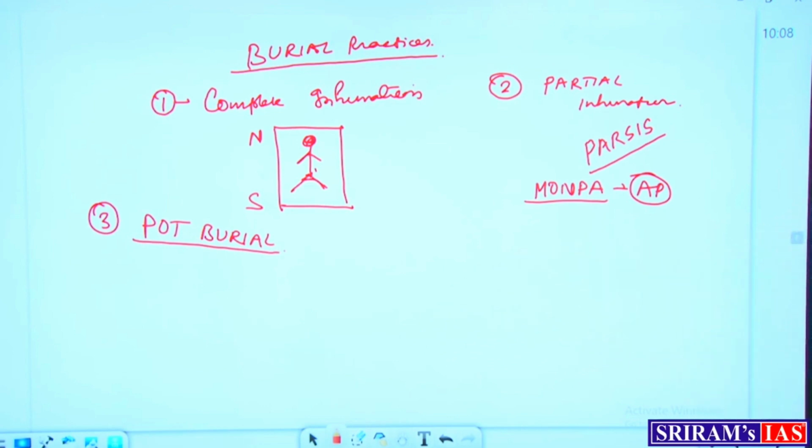Like Haridwar, after burning the body, you put some portions in a pot and then put it in the river. You know Haridwar in northern India, a very famous place.